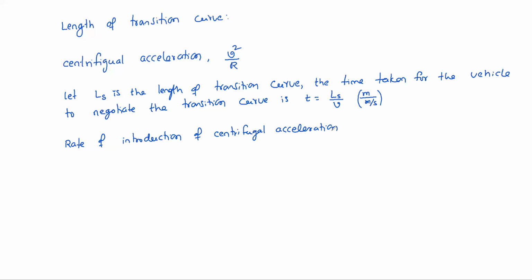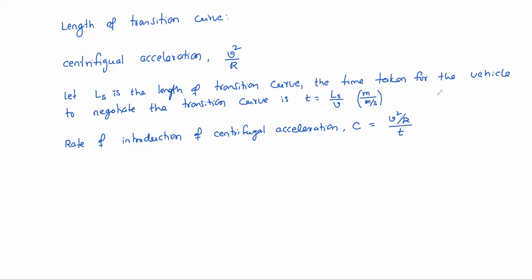See, rate means divided by time. That is represented by C. Actually, C equal to, rate means acceleration, centrifugal acceleration, V square by R divided by time. Okay, V square by R divided by time.